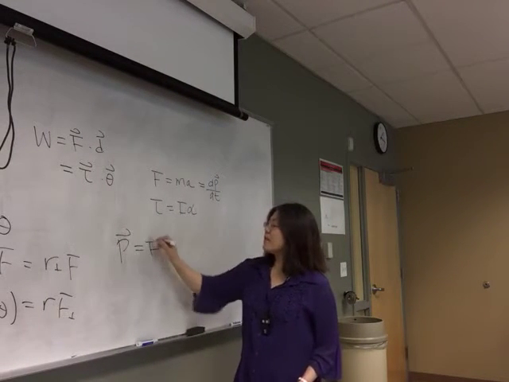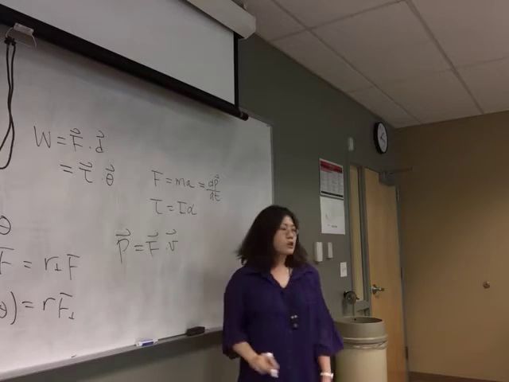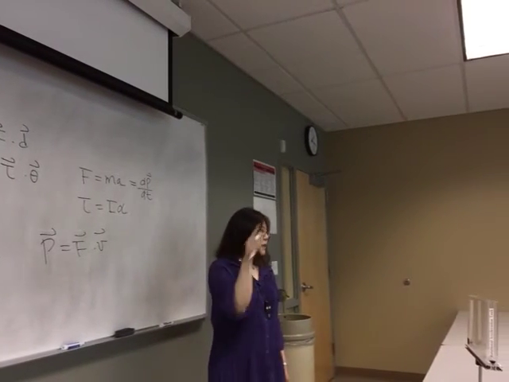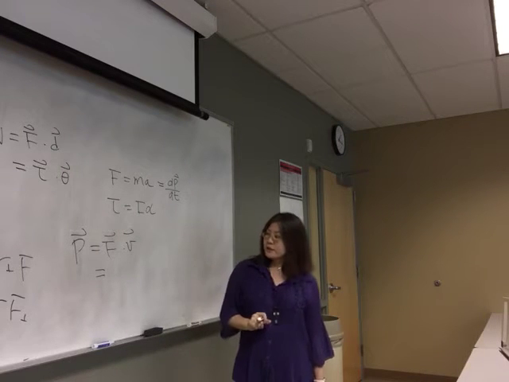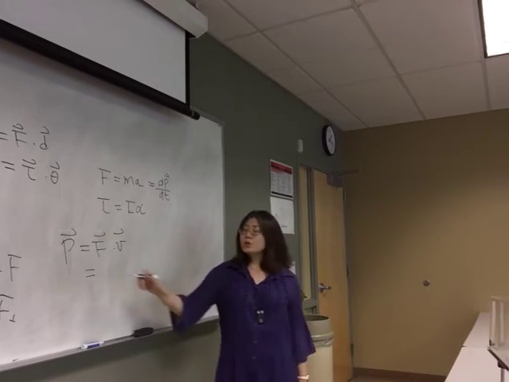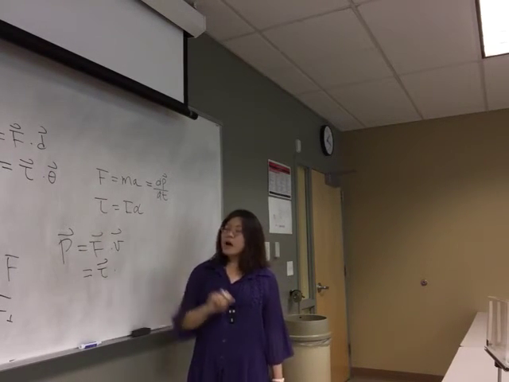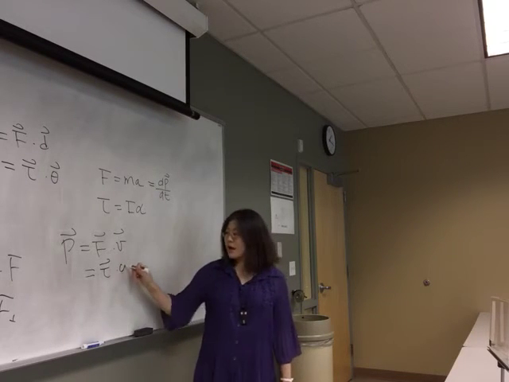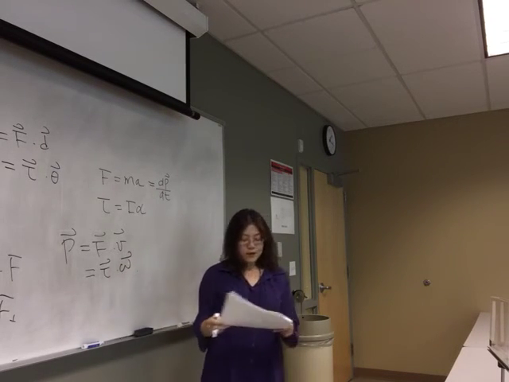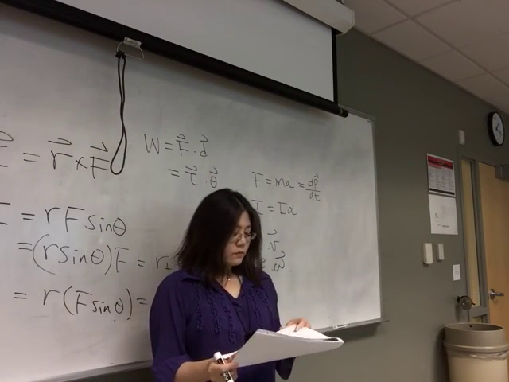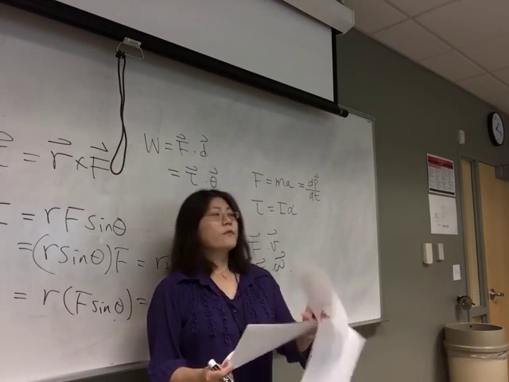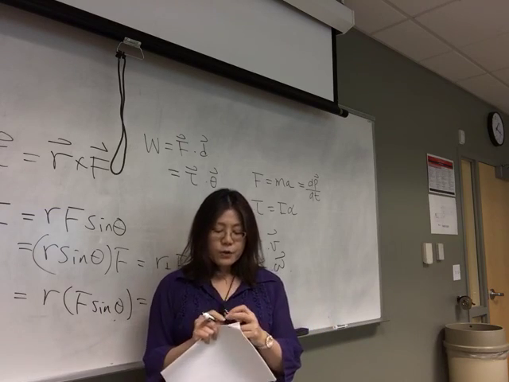Power is F dot v for linear motion. When you have something rotating that produces power, how would you express that? Your force becomes torque, and your v becomes omega, exactly. Any questions so far? No questions? All right, so that concludes the chapter.